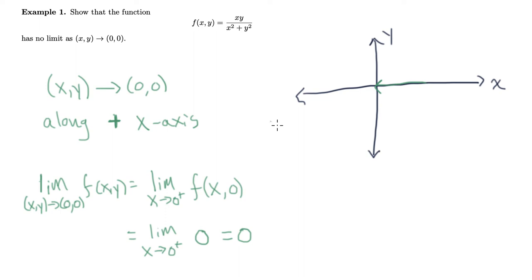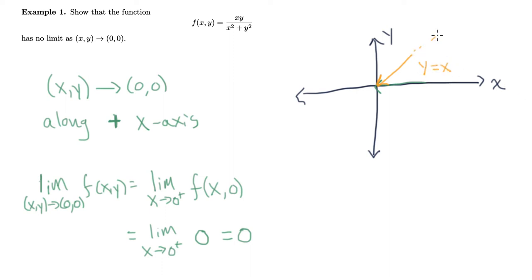If the limit exists, then if I took another direction, I should get the same limit. But look at what happens if I take the limit as (x, y) approaches (0, 0) along the line y equals x.